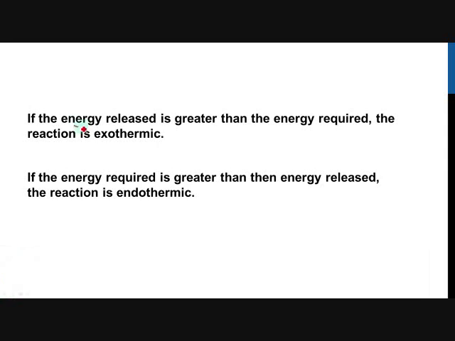The energy released is talking about the products, and the energy required is talking about the reactants. So if the product's energy is greater than the reactant's energy, that will become a negative value, which would mean exothermic. If the flip side happens, where the products are smaller than the reactants, then it will be endothermic.